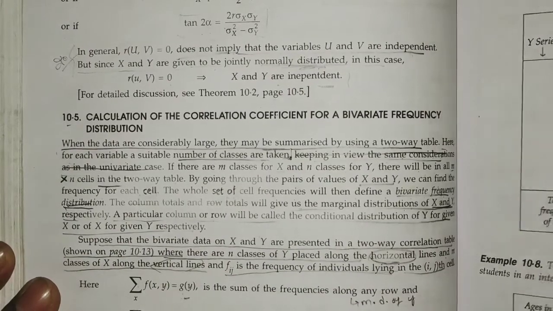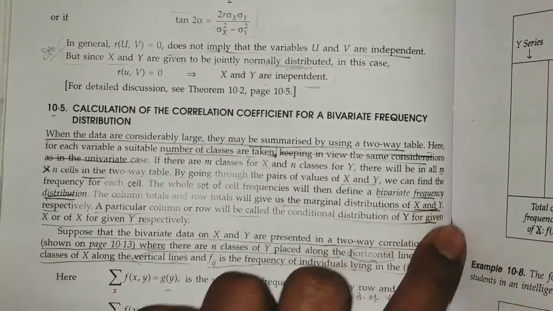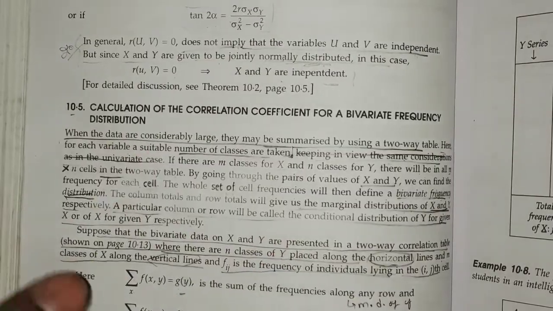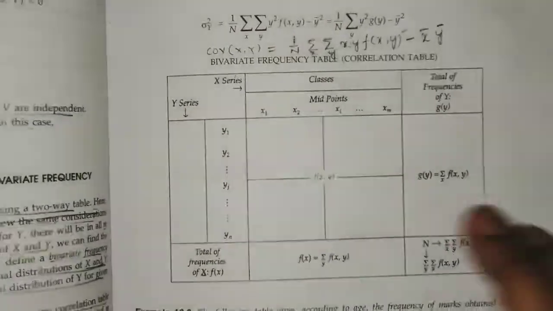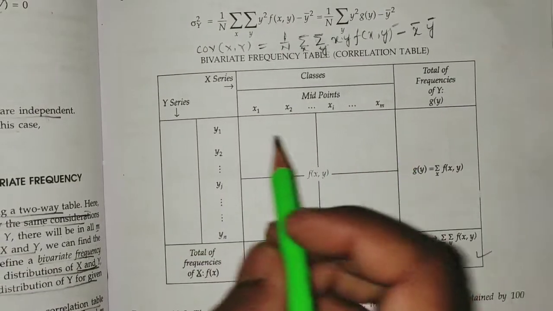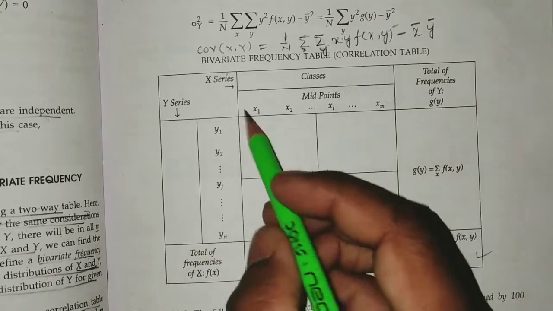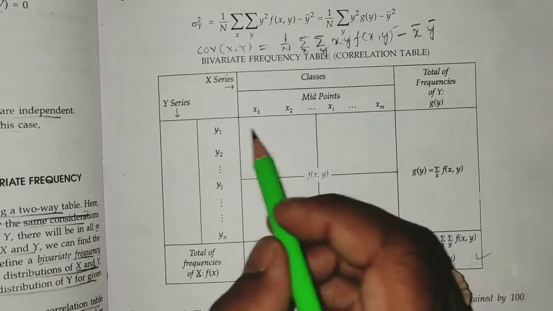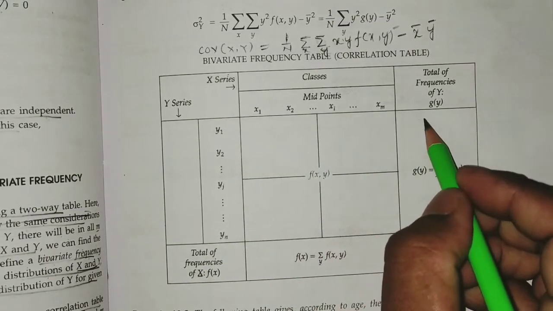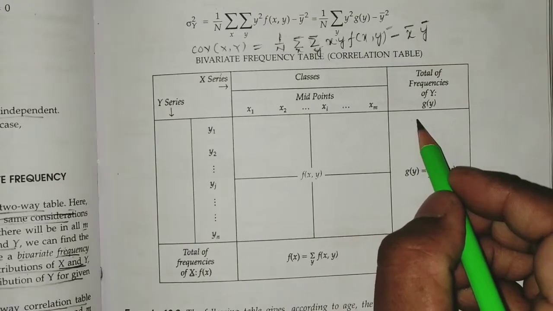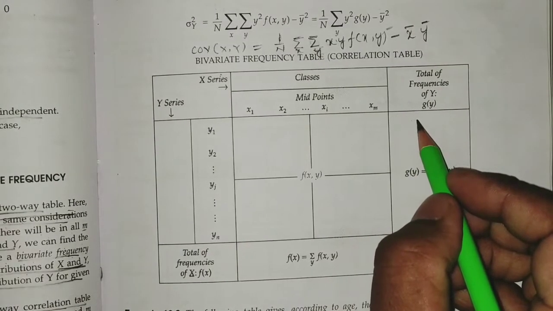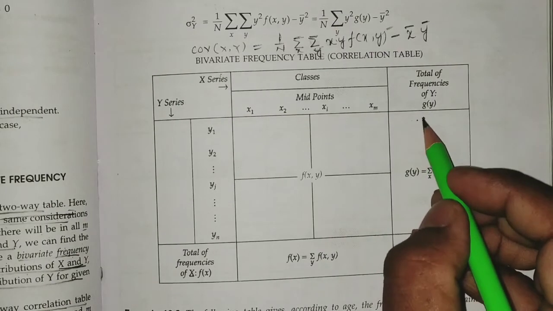This is written as x and y, because here you can see that this introduction part is referring to this table. You can see that along this is the variation of x values, along this the variation of y values, but this one is nothing but the marginal distribution of y, that means g(y).